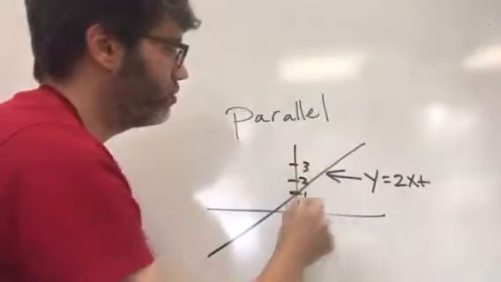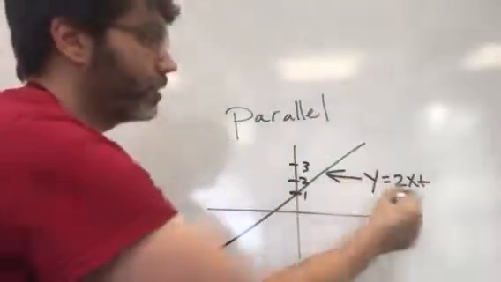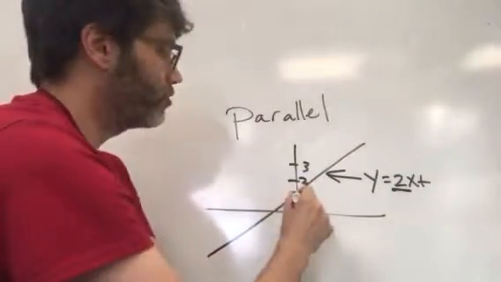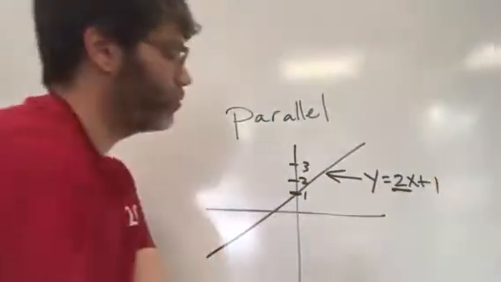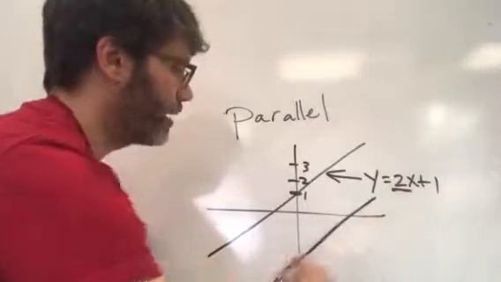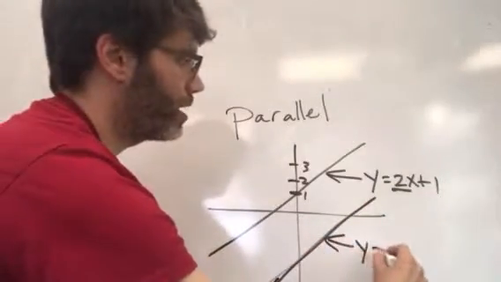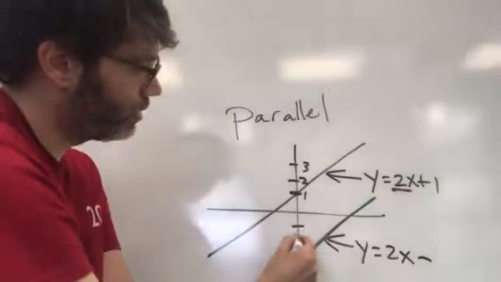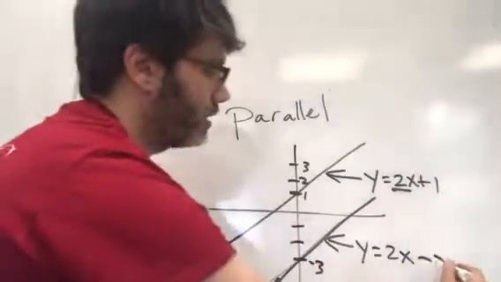The slope is 2, okay? And it goes through 1, so it's 2x plus 1. Let's say this other line down here was parallel, so let's say it's y equals 2x, same slope, but minus, I don't know, 1, 2, minus 3. So it's down here, okay?